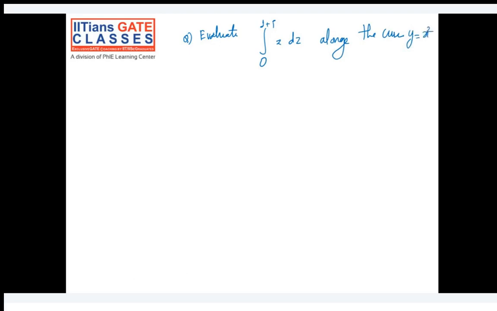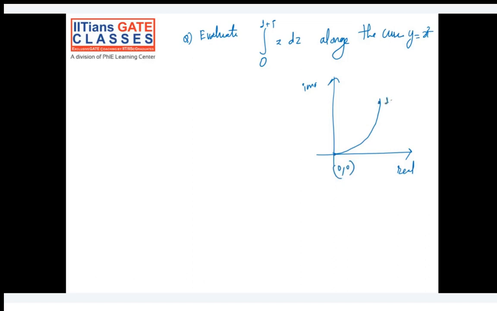I'll explain through a figure. This is the real and imaginary axes. y is equal to x square is this graph, going from 0 comma 0 to another point which is 1 comma 1.